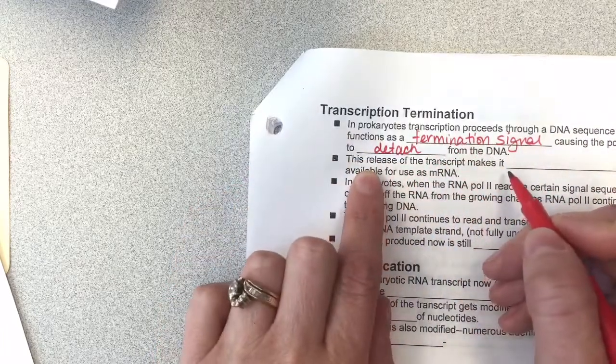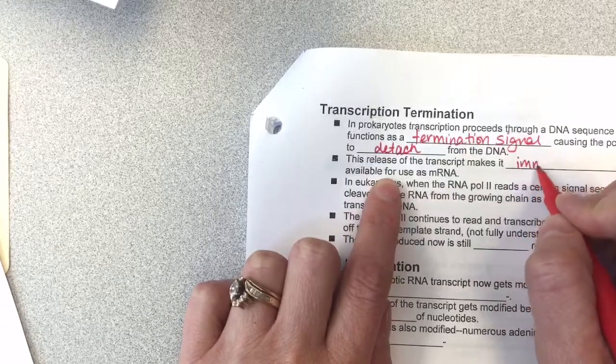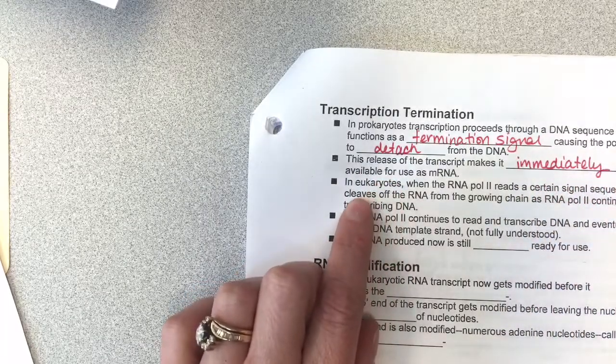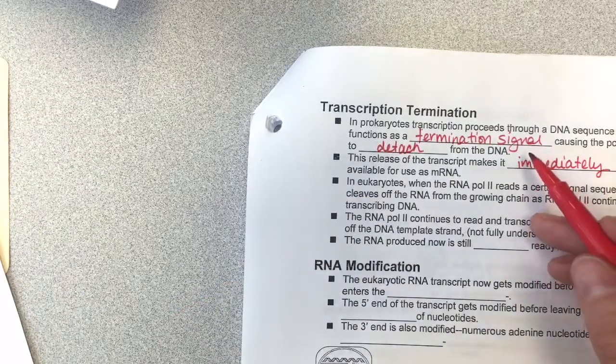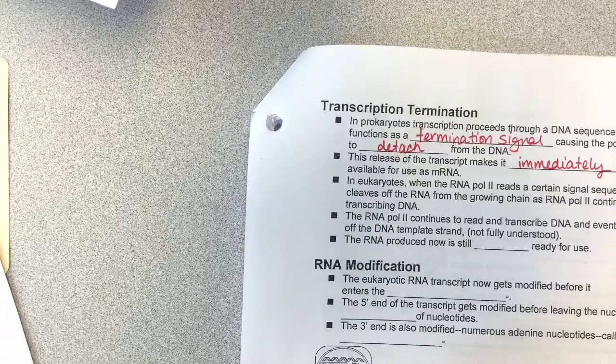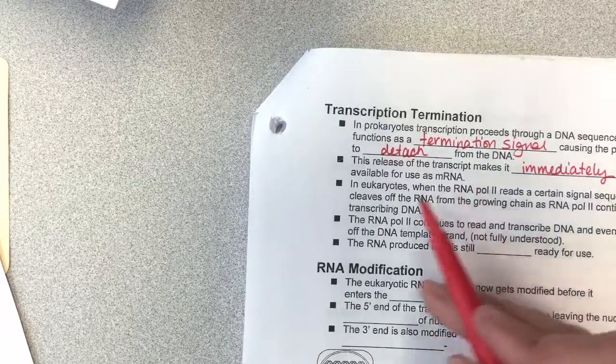This release of the transcript makes it immediately available for use as mRNA. All right, so it gets to that termination, it detaches, and now you have this mRNA molecule, and now it can be used and go to the ribosome and be used immediately.